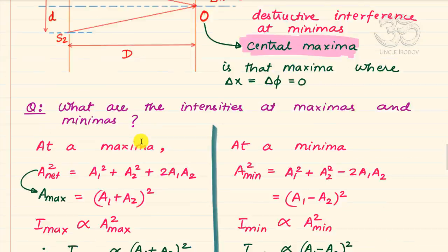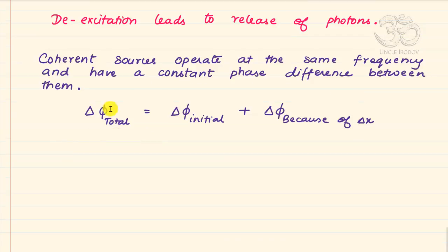So you will have to figure out the total phase difference between the two waves that are interfering at P, taking into account that the phase difference included because of the path difference may increase the total phase difference, which means it might be added to this, or may decrease the total phase difference, so it might be subtracted from this. All those cases you have to take care of.